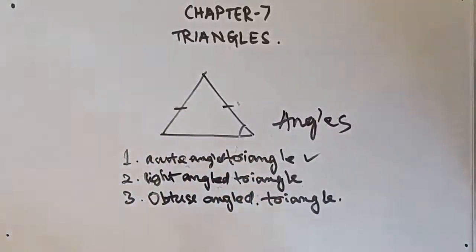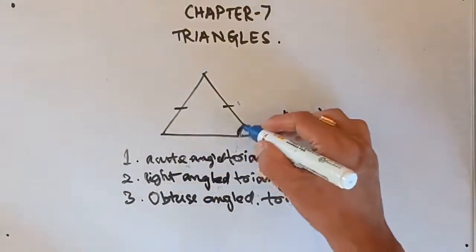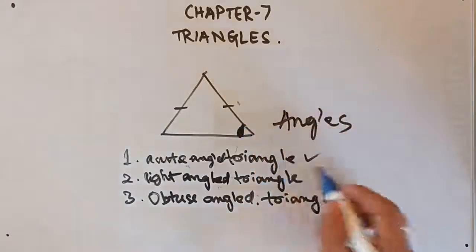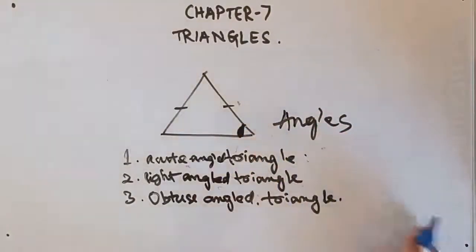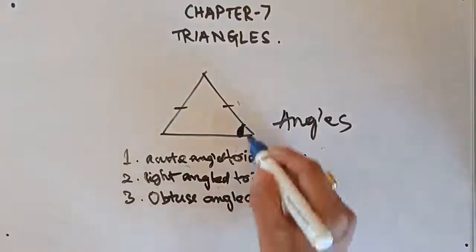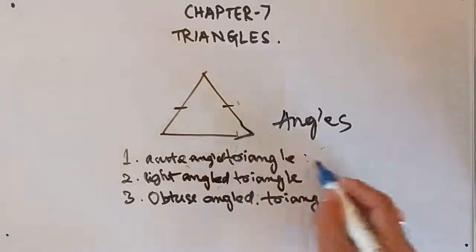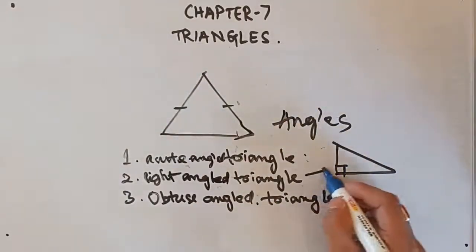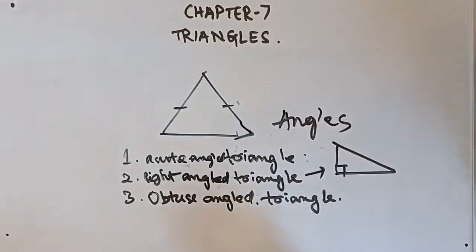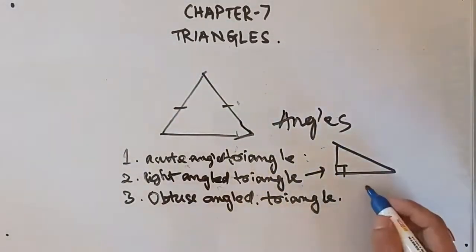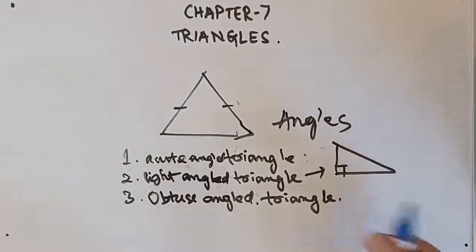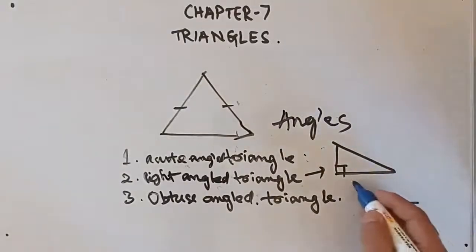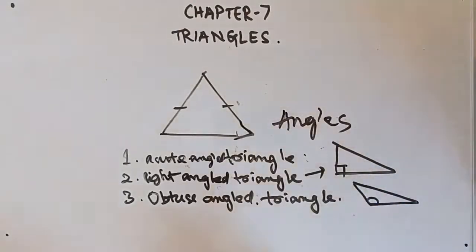A triangle in which all the angles are less than 90 degrees is called an acute angle triangle, and a triangle in which one of the angles is 90 degrees is known as a right angle triangle, and a triangle in which one of the angles is more than 90 degrees is called an obtuse angle triangle.